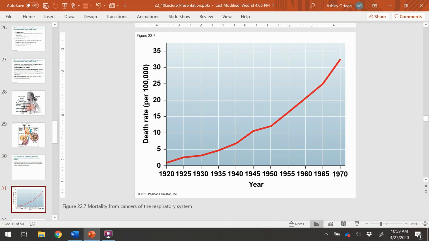You can see that study here, one of many studies of death rate per 100,000 people in the year due to cancers of the respiratory system drastically increasing.